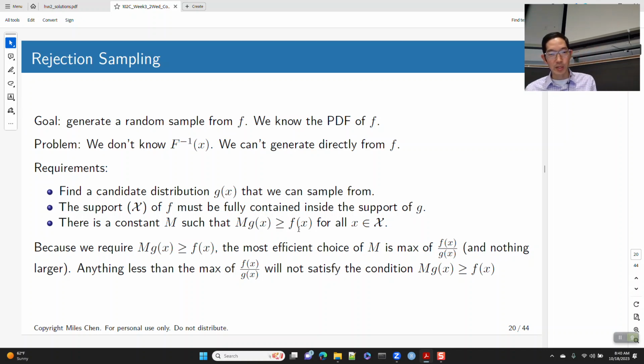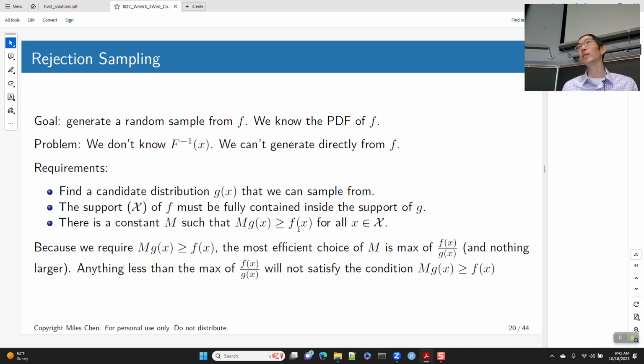And the other thing is that there is some constant m such that m times g(x) is greater than or equal to f(x) for all the values in the support of x.